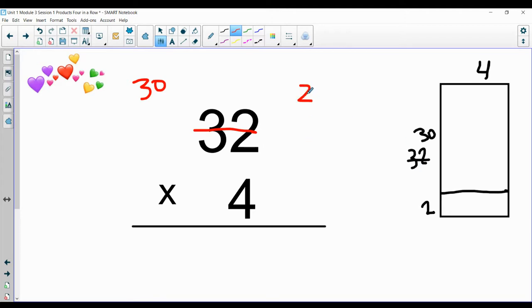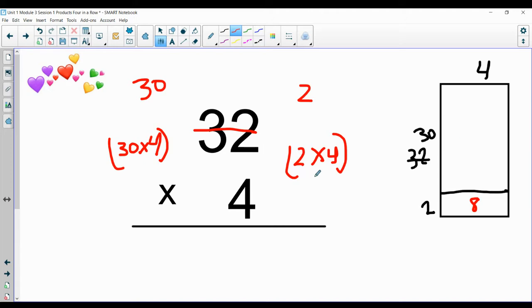Then it's 2 rows of 4, which is 2 times 4, which is 8, just like here. And then we've got 30 rows of 4.